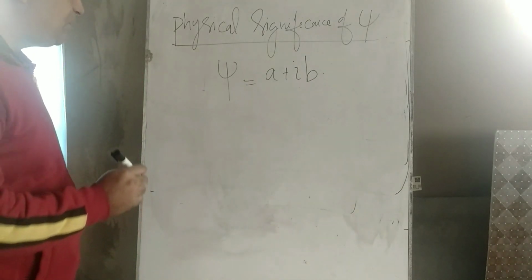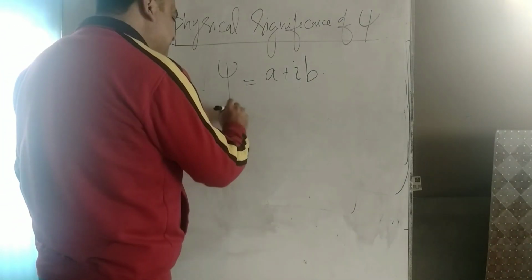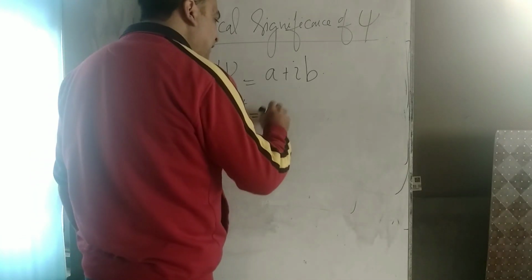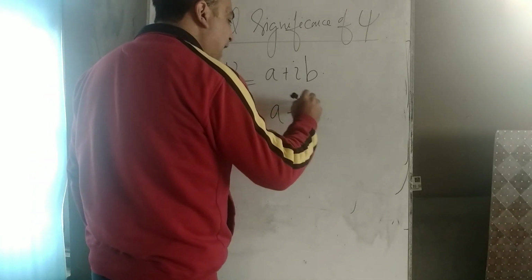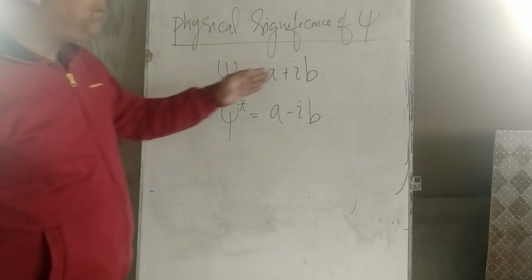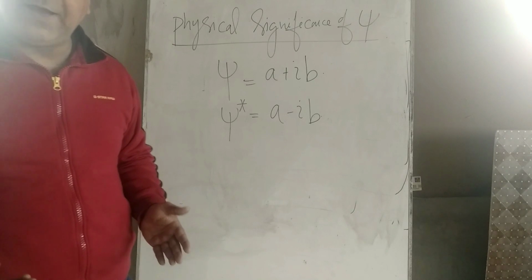But if I take the complex conjugate of this psi, that's called psi star, that complex conjugate will be a minus iota b, where a and b can be attributed as real functions.